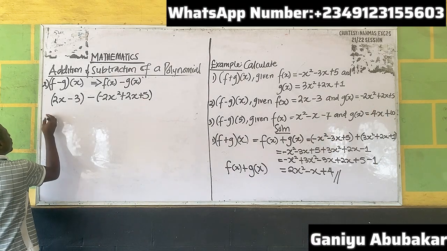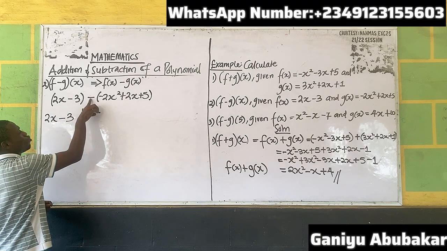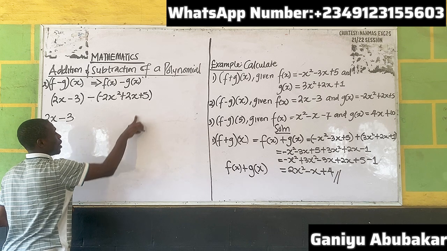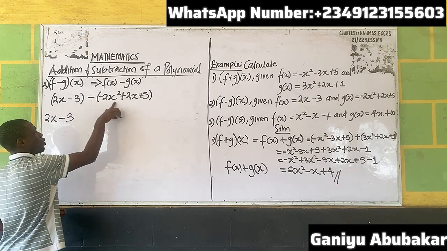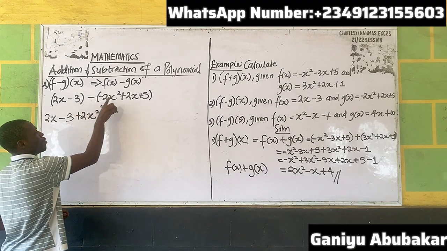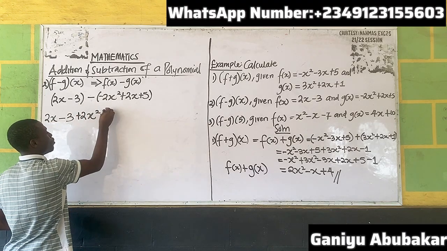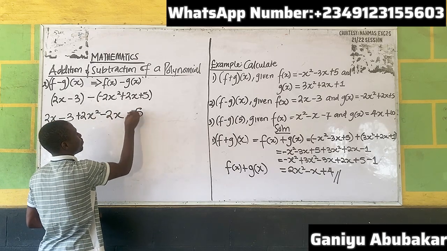Next, this gives you 2x minus 3. We said when it's plus, repeat them back, but if it's negative, you need to expand it. Minus times minus 2x squared gives you plus 2x squared. Minus times plus 2x gives you minus 2x. Minus times plus 5 gives you minus 5.